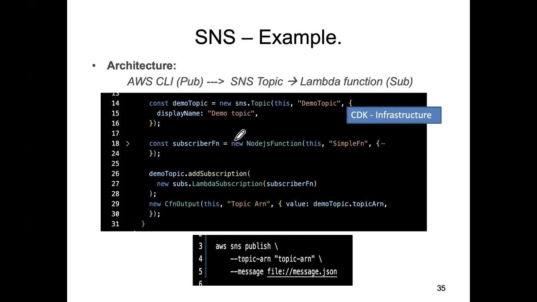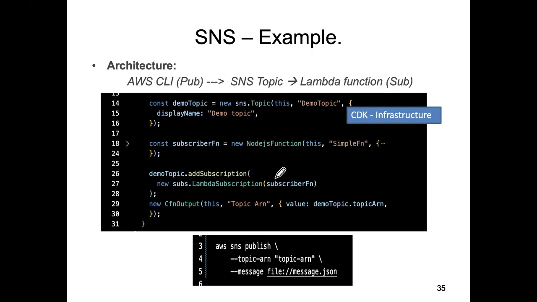Our subscriber is a Lambda function. We know how to create a Lambda function, so there's nothing special in terms of the configuration of the Lambda function. This is how we connect up a subscriber, i.e. our Lambda function, to our topic. So we add a subscriber. In our case, the subscriber type is a Lambda subscriber, although there are other options here that we can use.